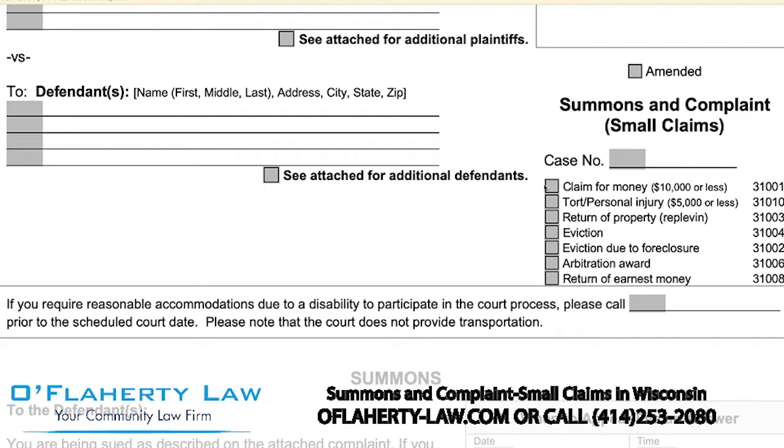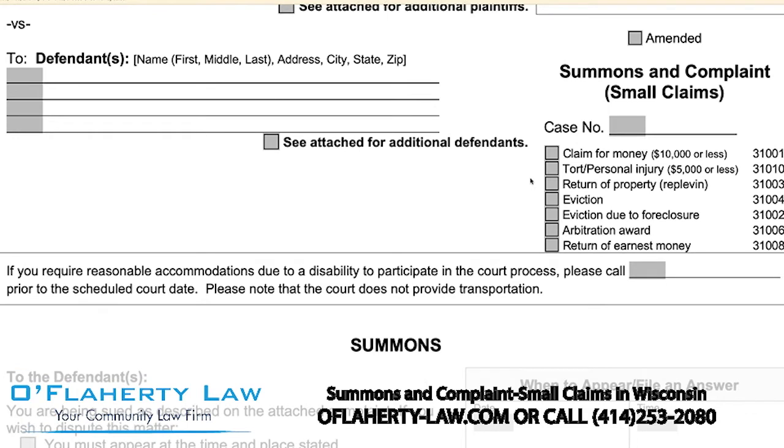It can just be a general claim for money, tort or personal injury. Just to clear something up, tort, we're not talking about baked goods here. Tort is sort of a catch-all phrase for general civil liability, not criminal. So that's what people are talking about when they refer to something as a tort. You also have return of property or replevin action.